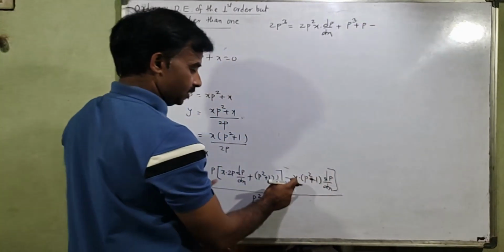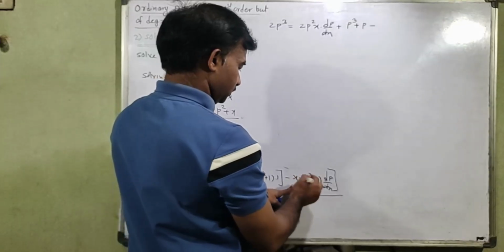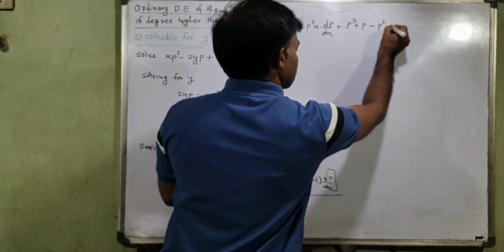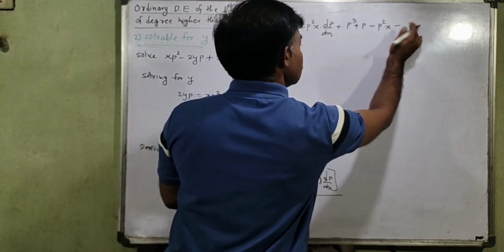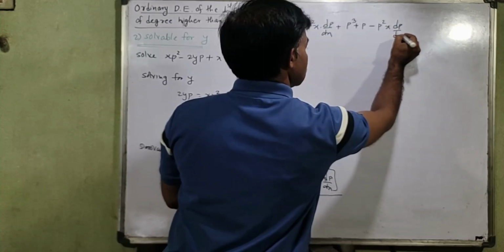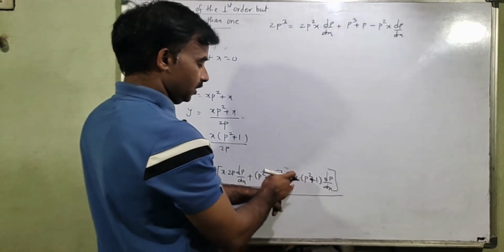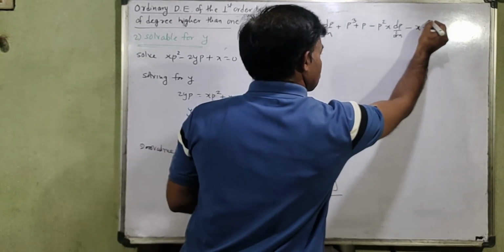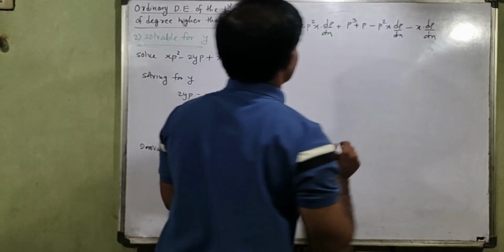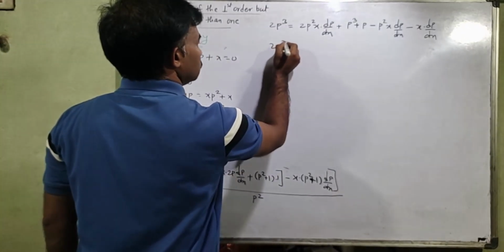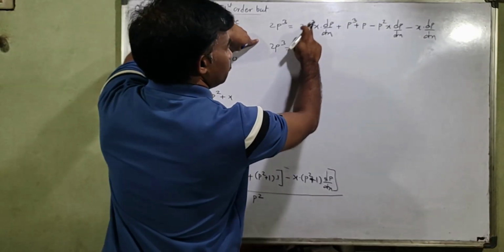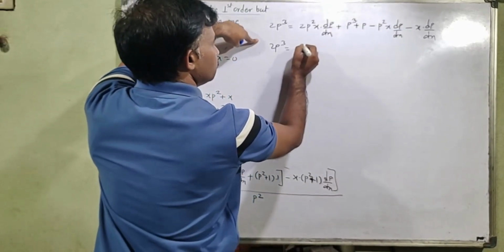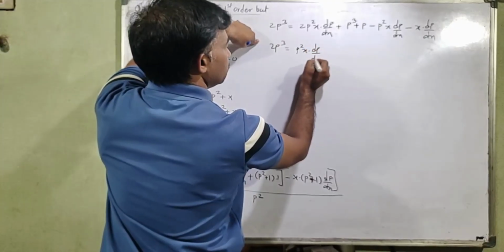Minus, I am taking this one inside the bracket and you will get minus p square x, minus p square x into dp by dx here, because this dp by dx also multiplies here, and minus into plus minus x into 1, x into dp by dx. Then 2p cube is equal to 2p square x dp minus p square x dp. That means you will get only p square x into dp by dx.